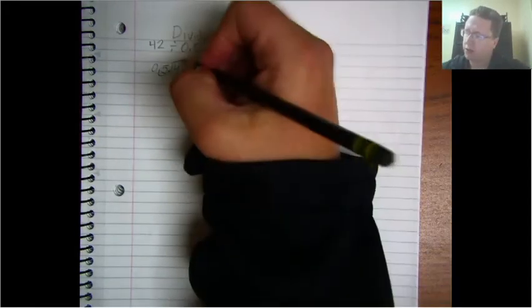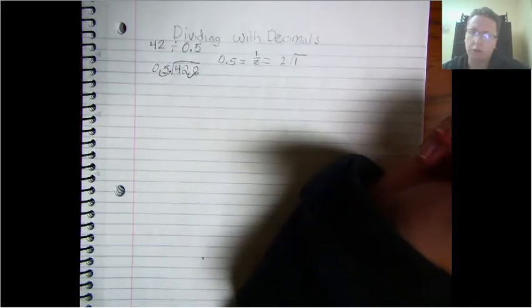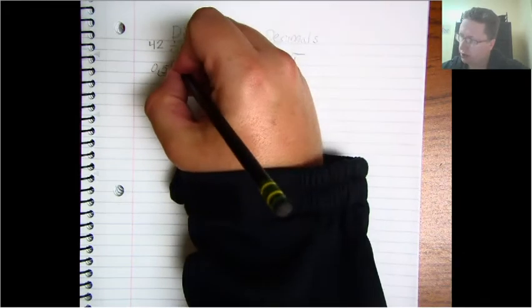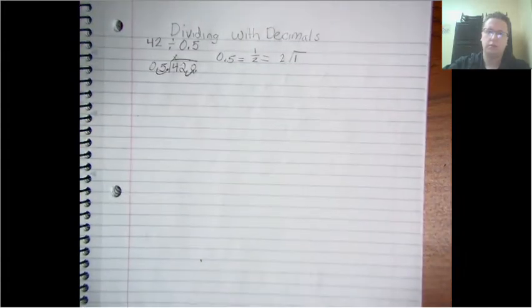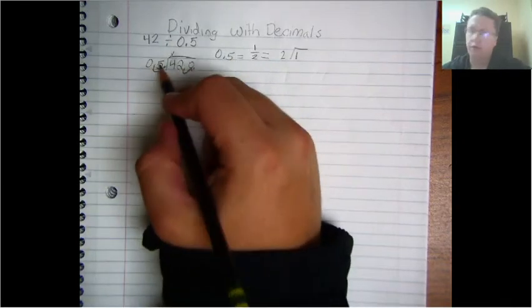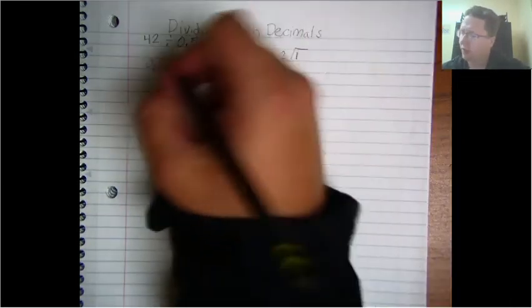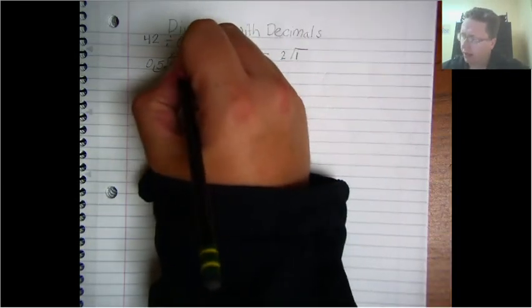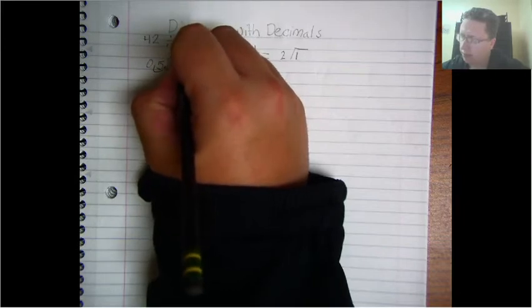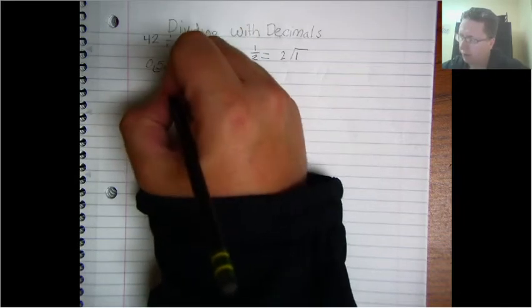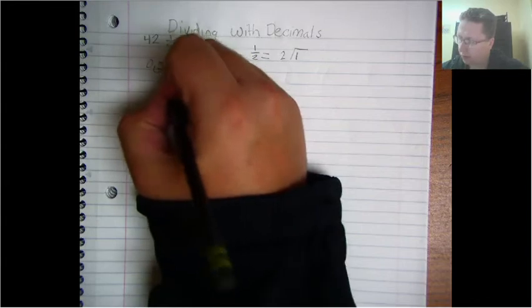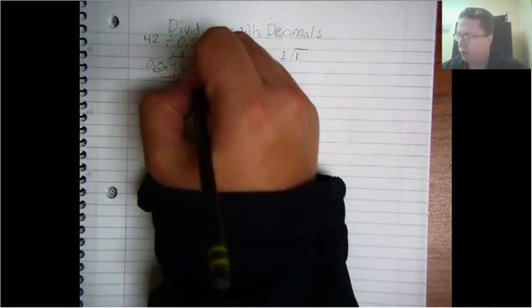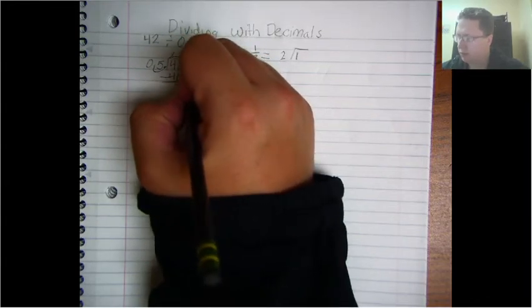Now let's do our normal division. Can 5 go into 4? No, so I'm just going to put a little X there, because that's what I was shown to do growing up. Now, can 5 go into 42? Absolutely. 5 goes into 42 8 times. 5 times 8 is 40, so we subtract 40 away, which gives us a 2. Let's bring down that 0.